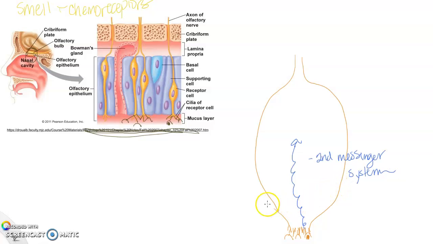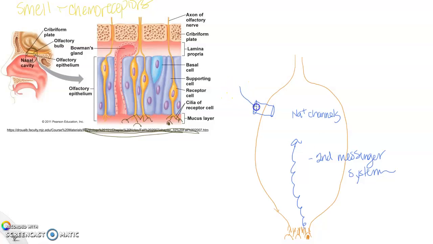And what happens is it comes up here and it opens or deposits sodium channels into the membrane. So what happens there?